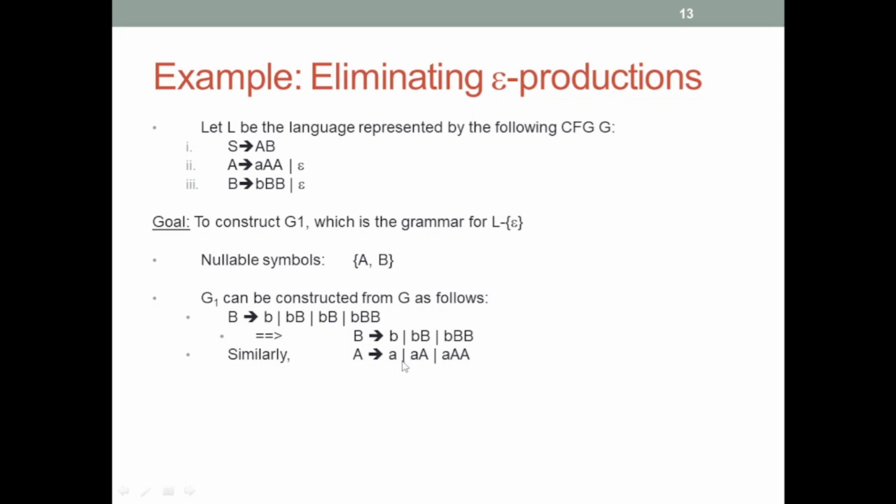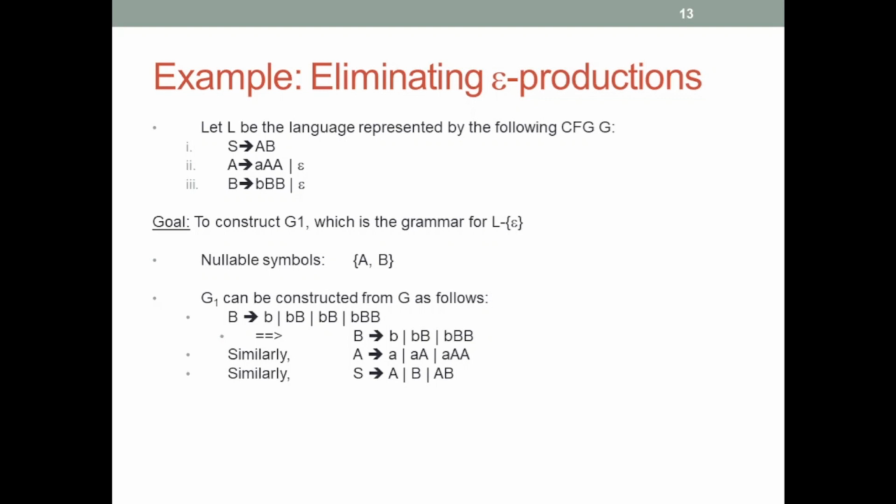So capital A derives to small a or small a capital A. So you can see here you have to replace each and every nullable symbol on the right hand side with epsilon. So you can generate the grammar which is null free or epsilon free.